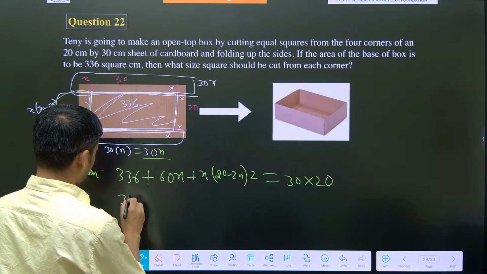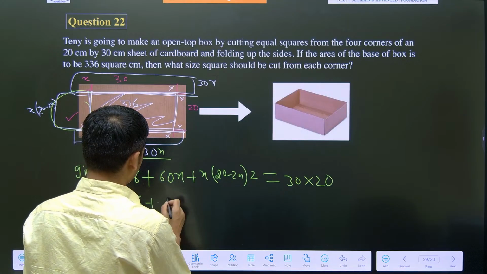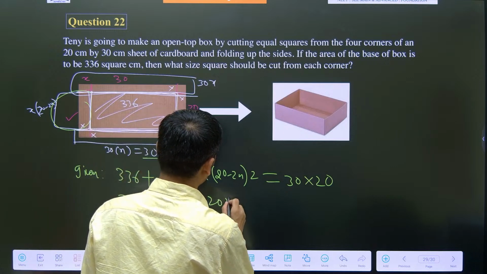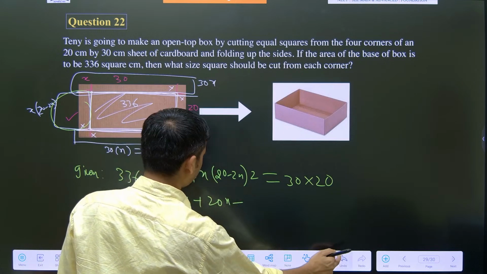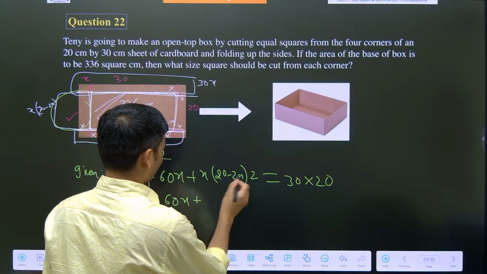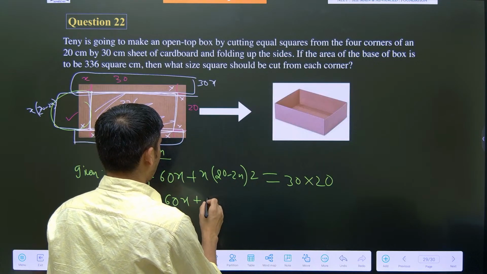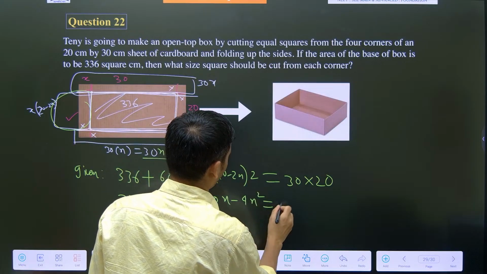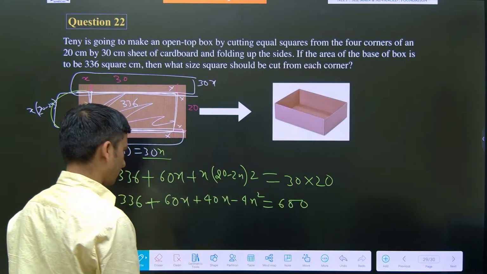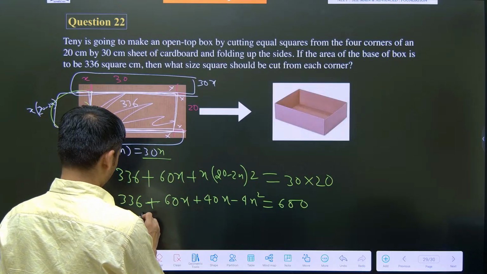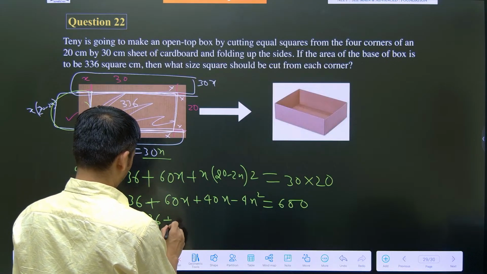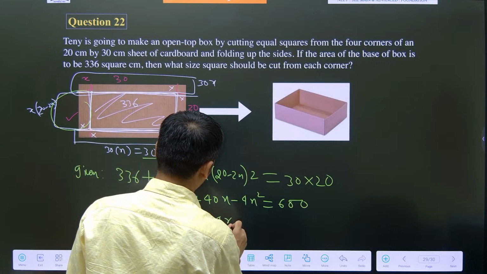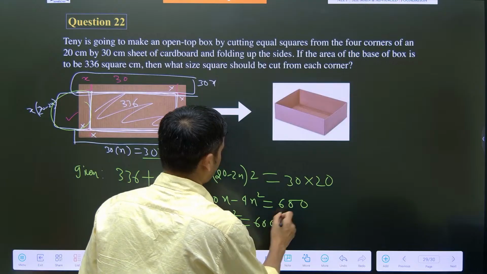So 336 plus 60x plus 20x minus 40x minus 4x square, equals 600. Send all of them to one side.